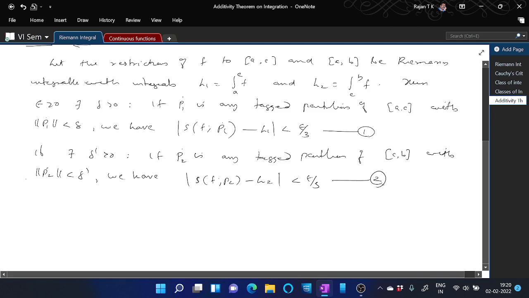Let M equal to the maximum of modulus of f(x).